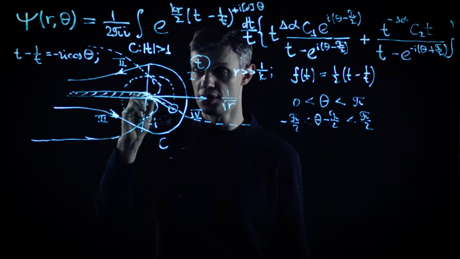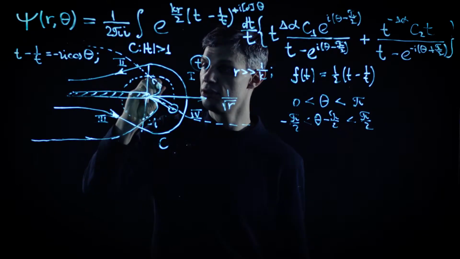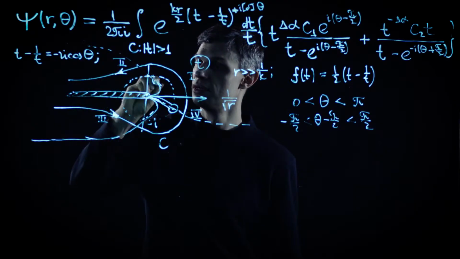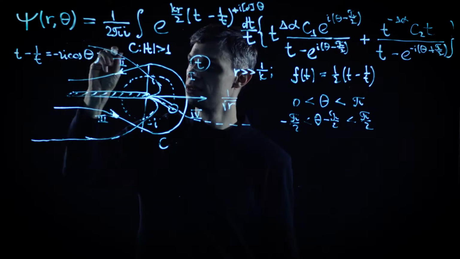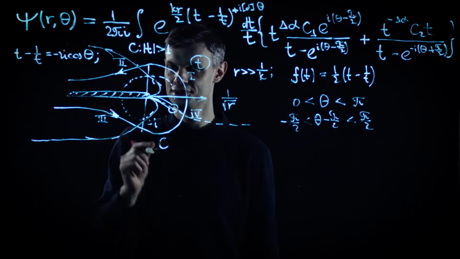Again, this is the steepest descent direction, and then leave the origin and go along the second steepest descent line to pass through the upper saddle. So quite an exotic contour.